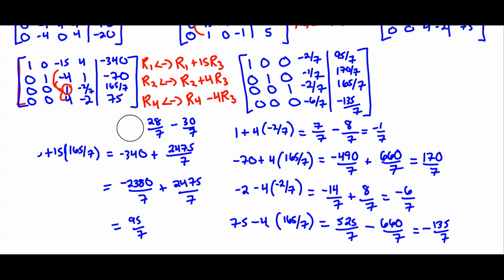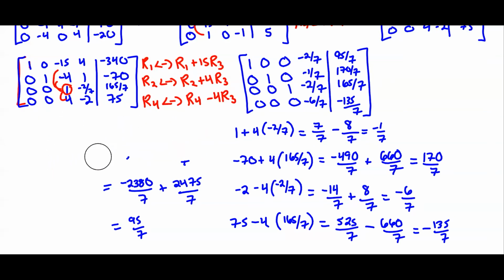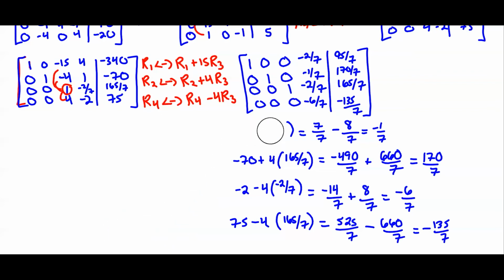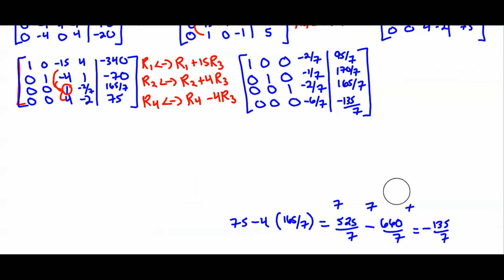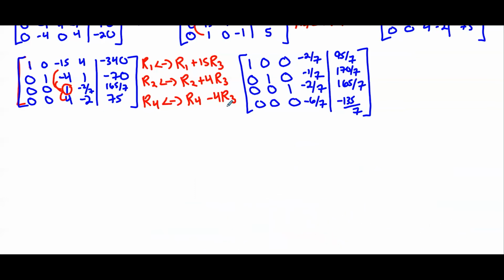All right, so let me erase all this stuff so I have room. I've got to make this a 1. So I'm going to replace row 4 with the negative 7/6 row 4. That will make that 1.